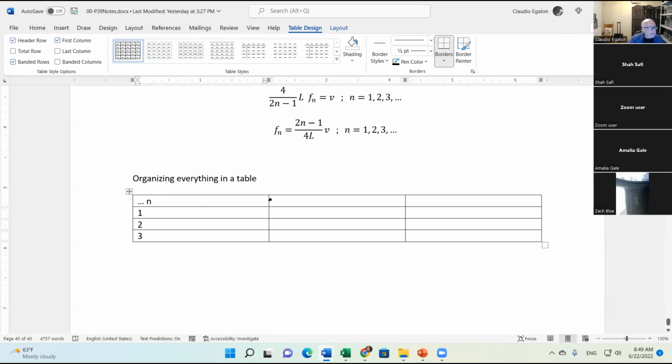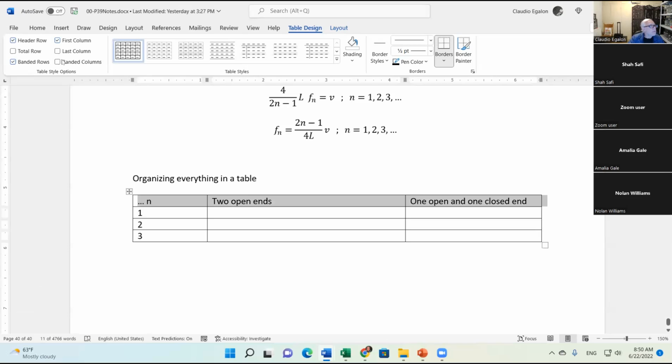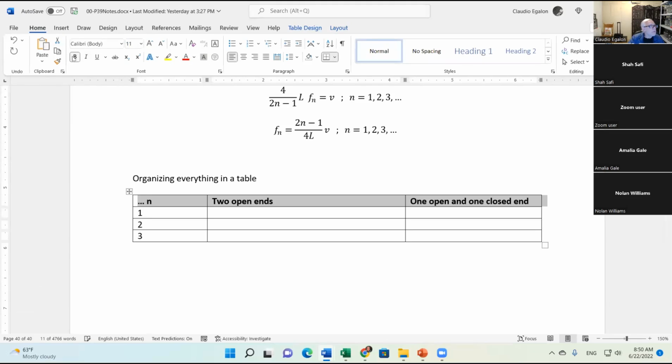Lowercase n. Open end. Open ends. One open and one closed end.